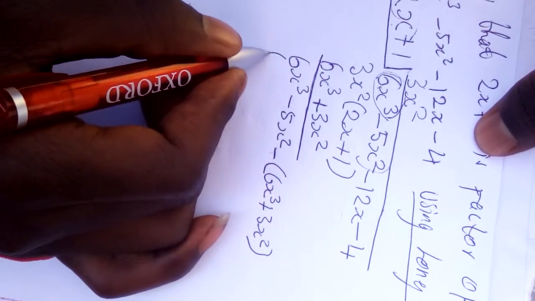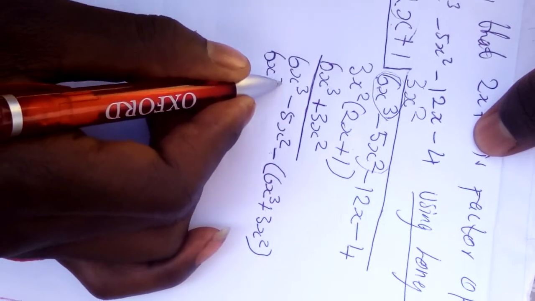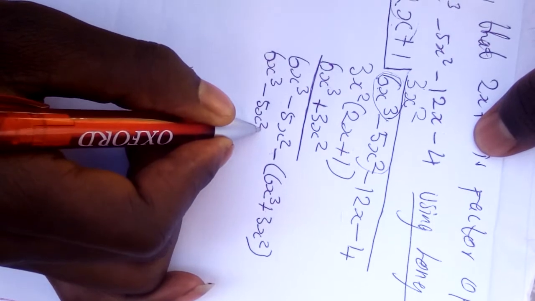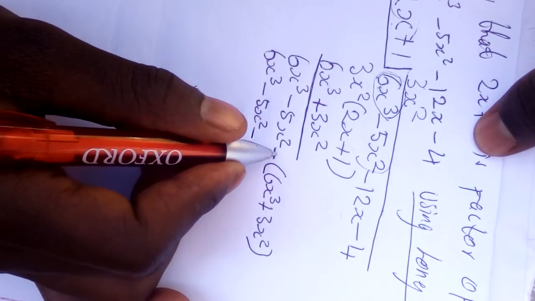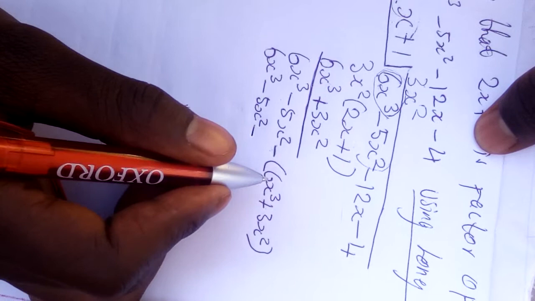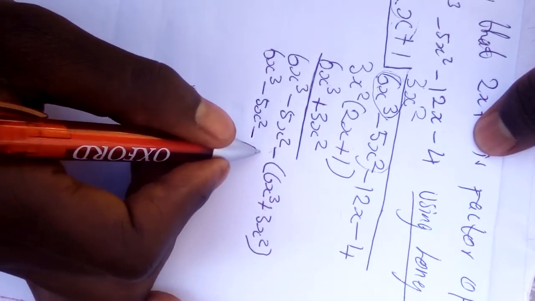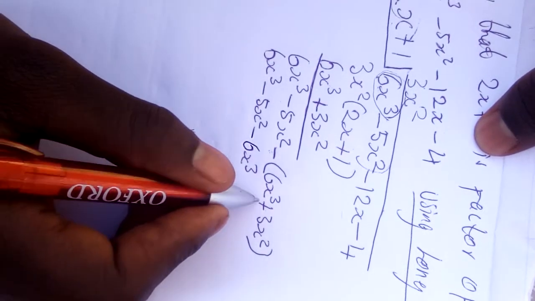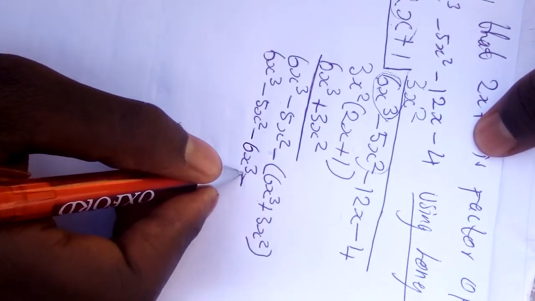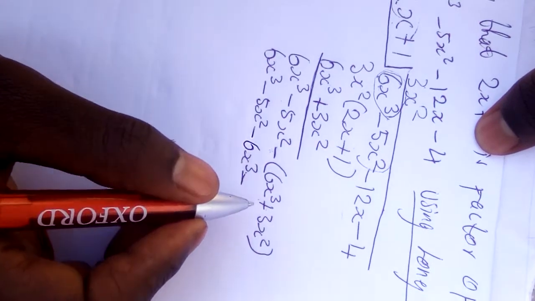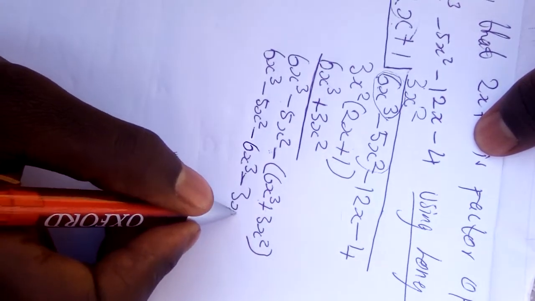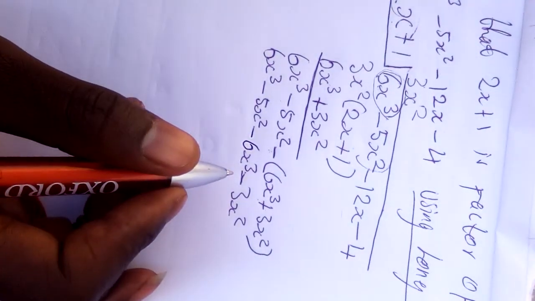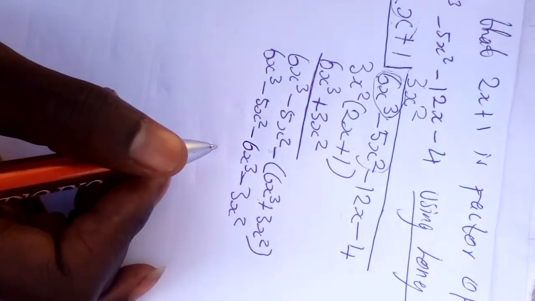That simply means we are going to say 6x cubed minus 5x squared minus 6x cubed, since negative multiplied by positive is negative. Then we have 3x squared. Then if we check here, we have what you call like terms.